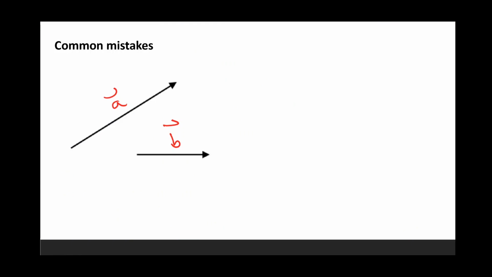Suppose you have a diagram that you have labeled with vector name A and vector name B, with the little arrows on top to indicate that they are vectors. If you were given some sizes, let's say 5 and 3, you cannot just record vector A is equal to 5, because 5 is a scalar.